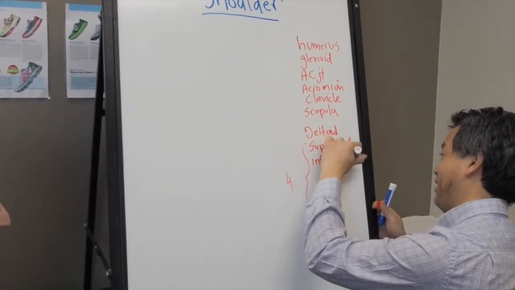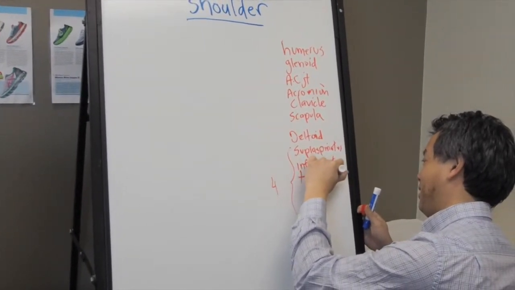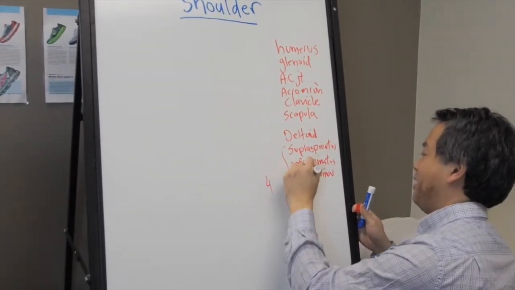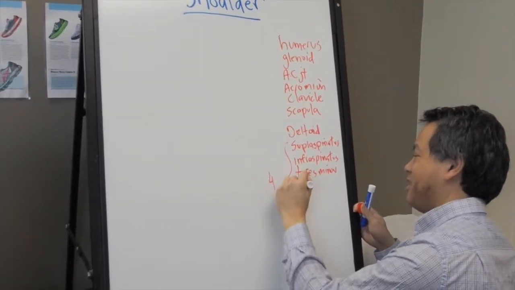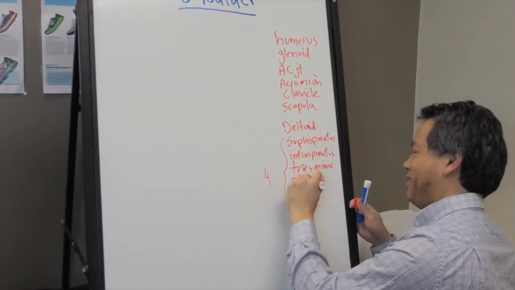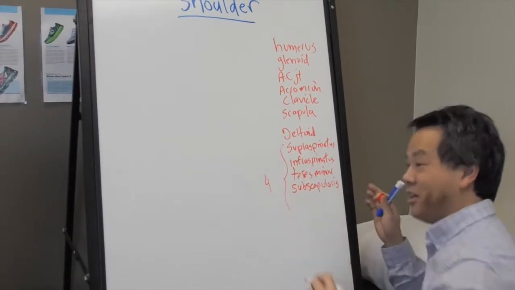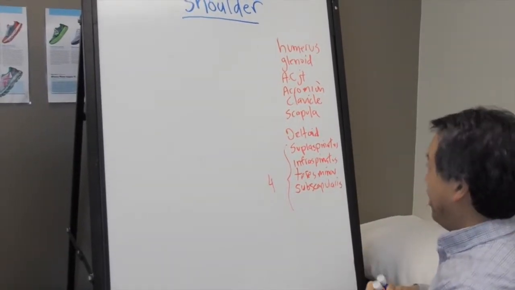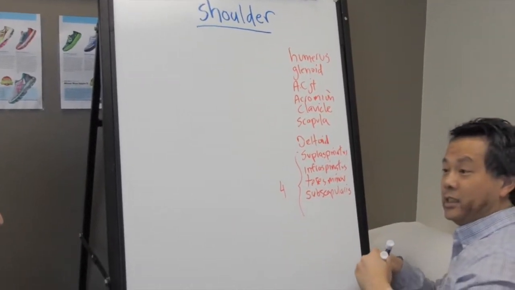Teres minor, and then the last one, I know what it looks like, it's that fanning one below the scapula. Subscapularis. Other muscles?